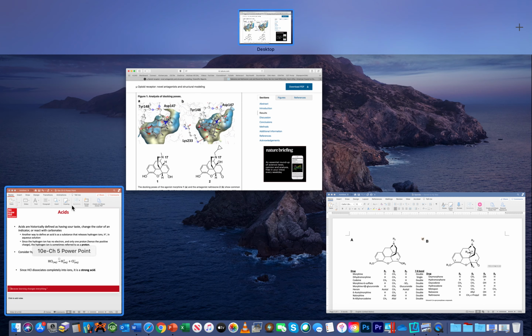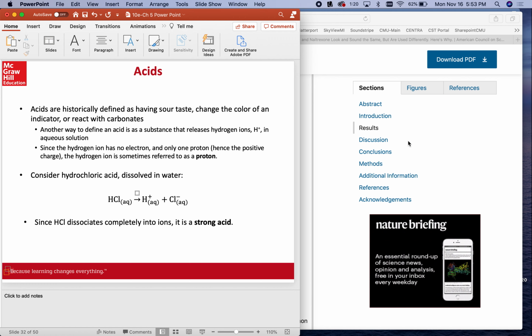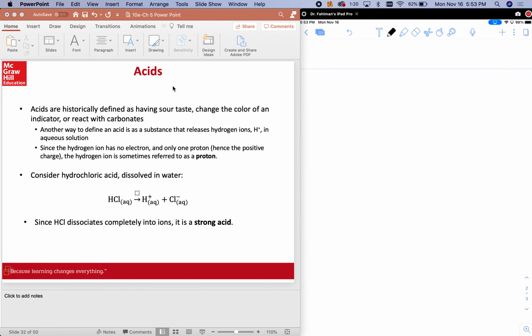So let's talk about the last topic here, and that is acids and bases. Something you hopefully have seen before, maybe in a class a few years ago. Property-wise, acids generally have a sour taste.